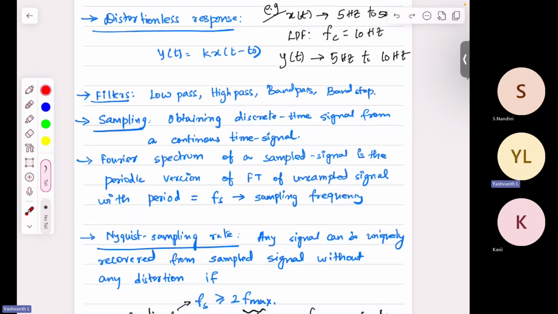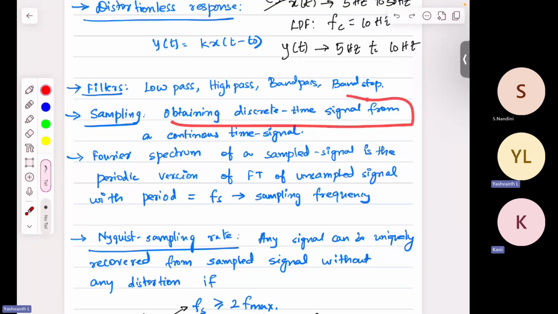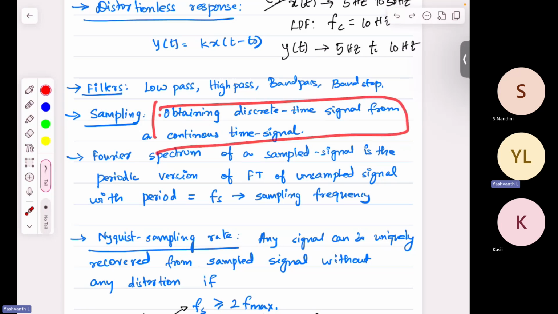So next we saw what is called the sampling operation, a very important operation. What the sampling operation does is obtain a discrete time signal from a given continuous time signal. That process is what is called sampling.